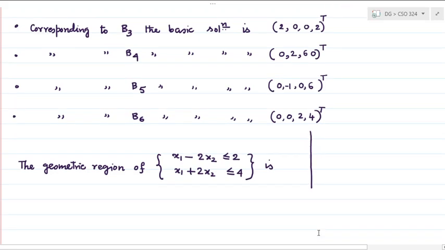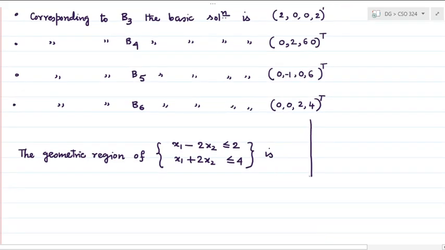This is, let me draw, where we will have this is our x1 axis, this is our x2 axis, then x1 by 2, x2 by -1. So x2 by -1 is here, say here is 1, x1 by 2. Fine.